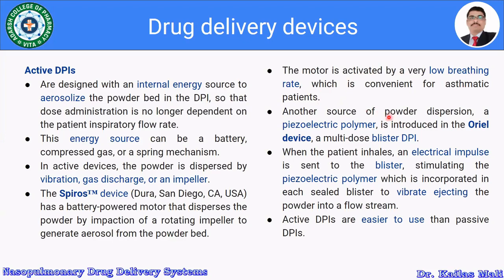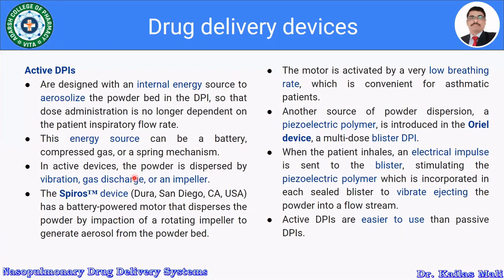Another source of powder dispersion, a piezoelectric polymer, is introduced in the Oriel device, a multi-dose blister DPI. When the patient inhales, an electrical impulse is sent to the blister, stimulating the piezoelectric polymer incorporated in the sealed blister to vibrate, ejecting the powder into the flow stream. Active DPIs are easier to use than the passive DPIs.